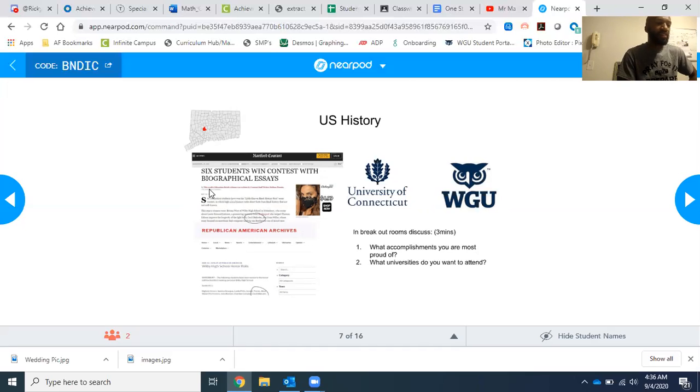And in this article, it gives me a feature about my essay that I won. My essay was about Beethoven and my assertions that he was indeed Black. And second time, in the Republican American Archives, you can find another article about the students who received high honors in my senior year.